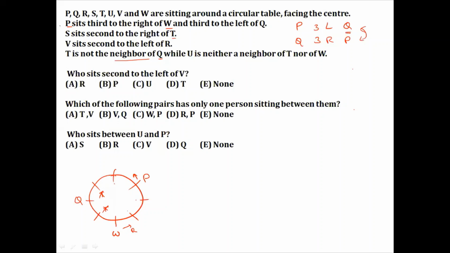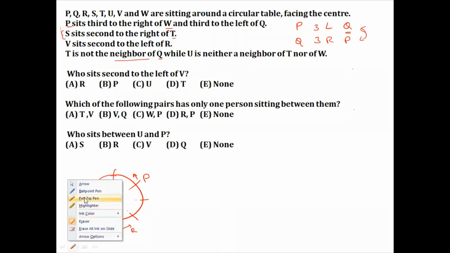And when you observe the second statement, S sits second to the right of T. For example, if I'm taking T here, this is the right side of T, and Q's place goes to S. But that is not possible because Q already occupies the place. So we should not take T there.